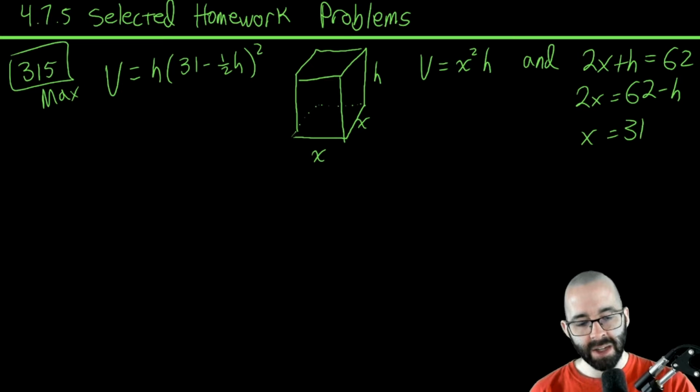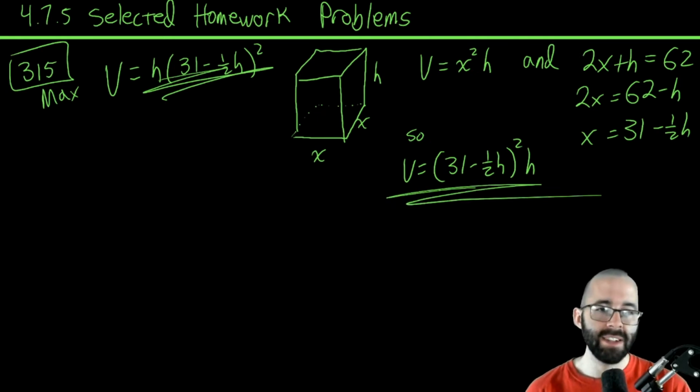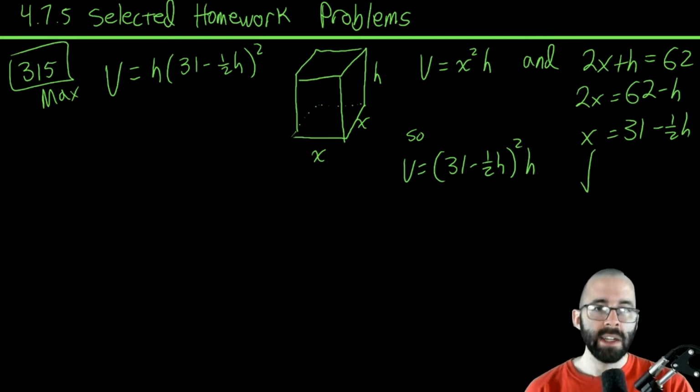Divide everything by 2. So the volume is x, which is (31 minus 1/2 h) squared, times h. Yeah, that's exactly what they got. So that was the first part of the problem: show that that is indeed the volume equation. And the second is just finding the maximum.